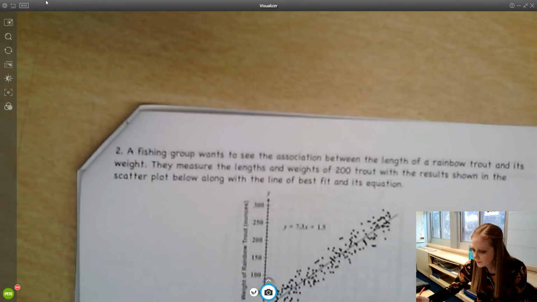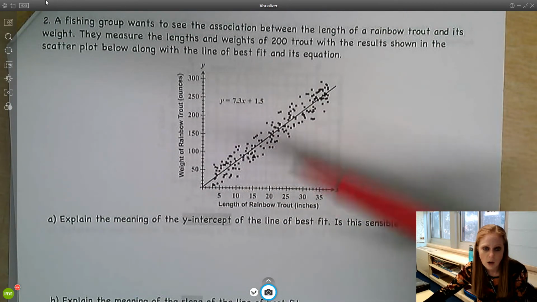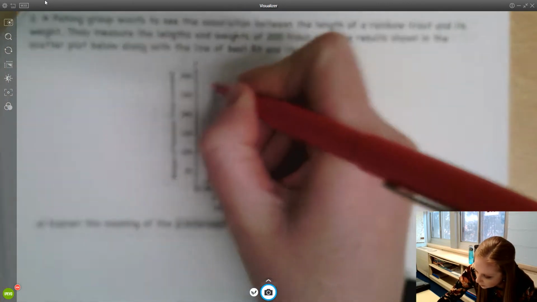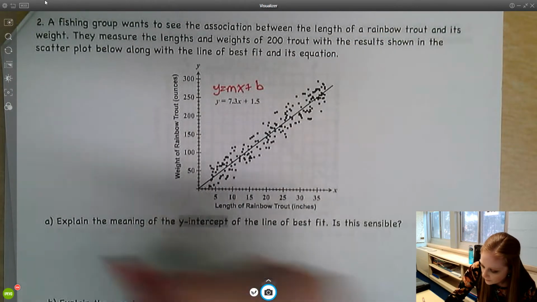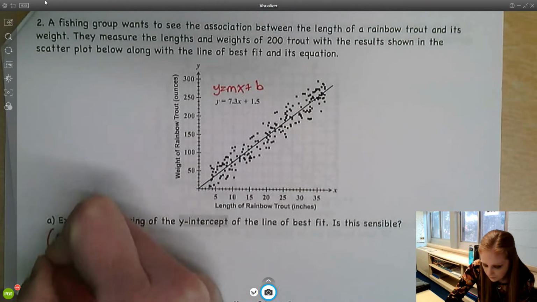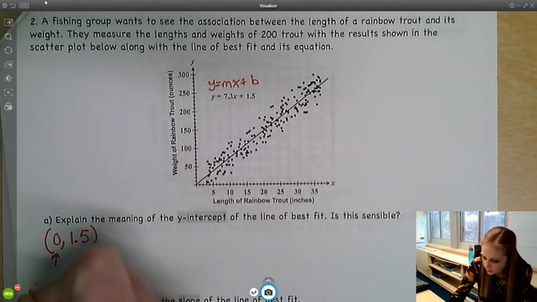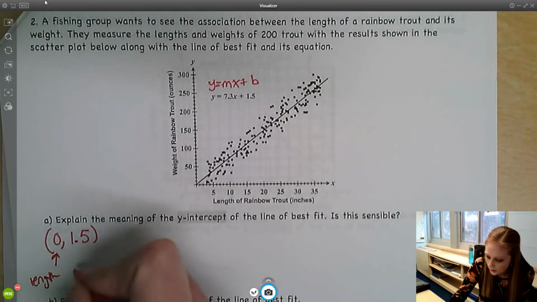Okay, fishing. So 200 trout are caught, and they have data saying how long the trout was compared to how much the trout weighed. So the y-intercept, well, we have y equals mx plus b. So our b is 1.5. So our x is 0, which is the length of the trout, and our y is 1.5, which is the weight of the trout.